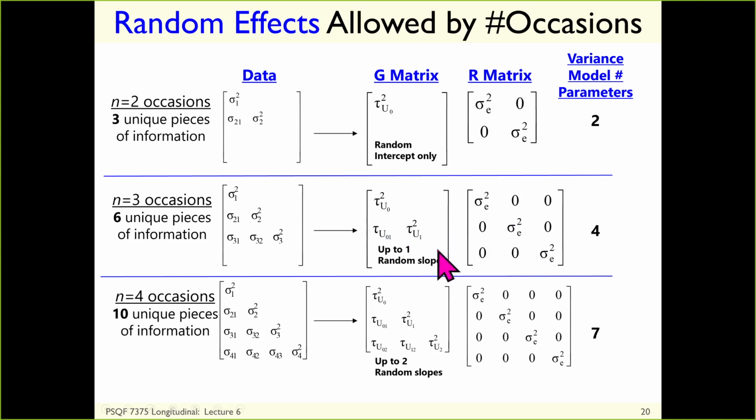If I tried to add a second random slope, I'd have to cancel E. If I have 4 occasions, then I have 4 variances, 6 covariances, then I can have 2 random slopes with respect to time. So that could be linear and quadratic time. That could be 2 different slopes for different sections of time. We'll talk about those piecewise models. And then 1 E, so that's 7 degrees of freedom.